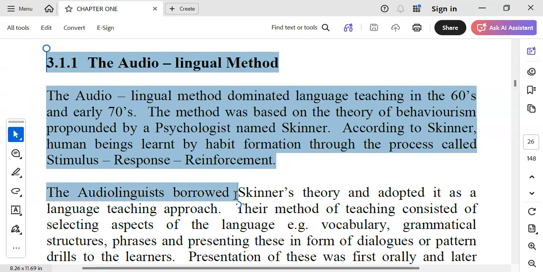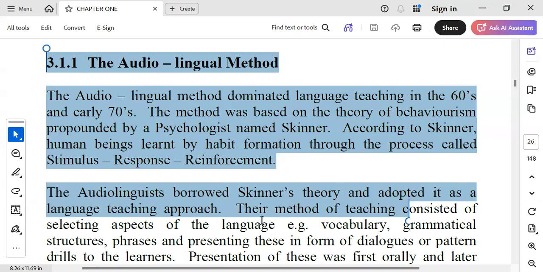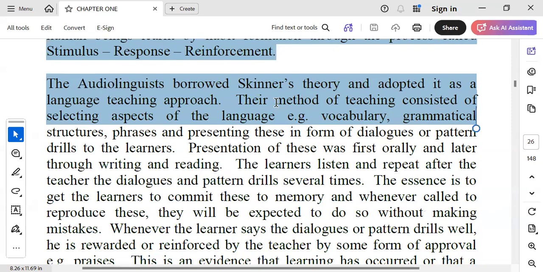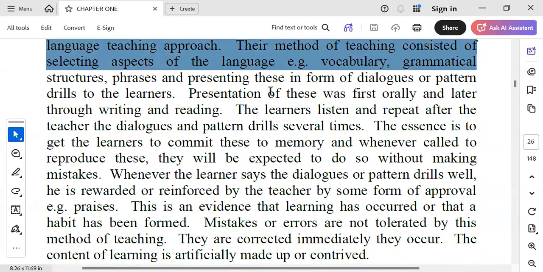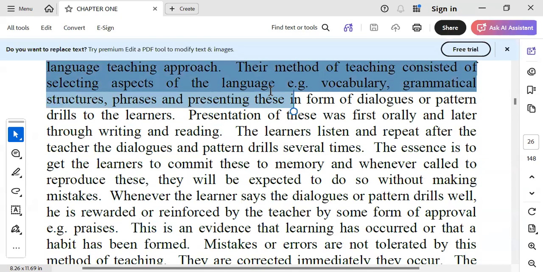Now, the audio-lingualists borrowed Skinner's theory and adopted it as a language teaching approach. Their method of teaching consisted of selecting aspects of the language, for instance, vocabulary, grammatical structures, phrases, presenting this in the form of dialogues or pattern drills to the learners.